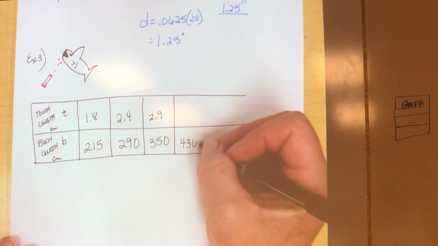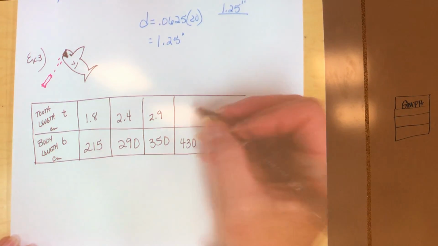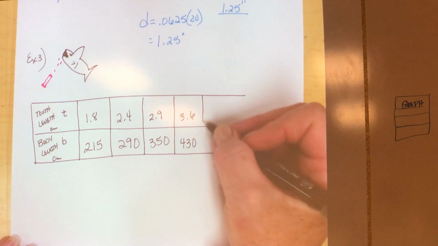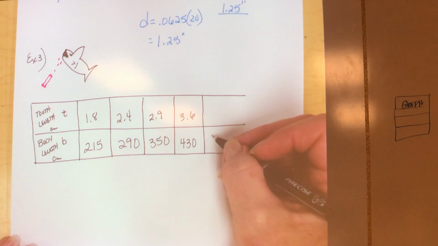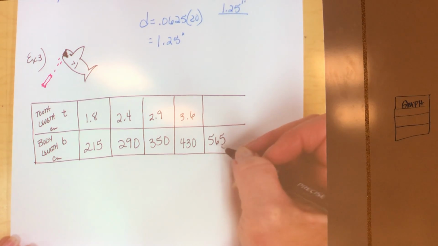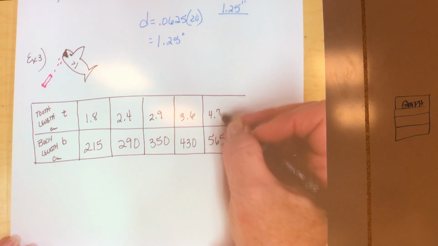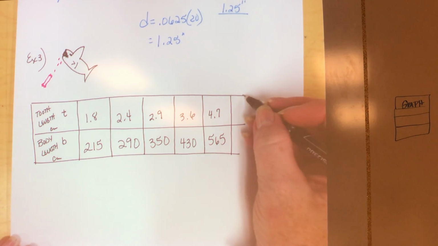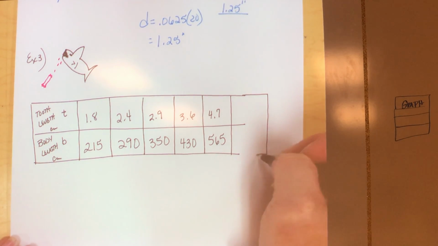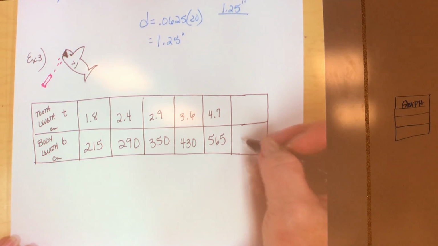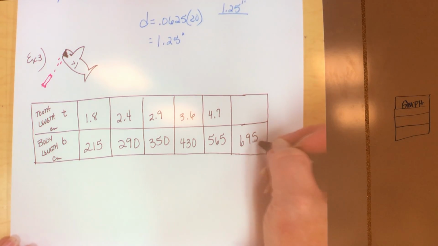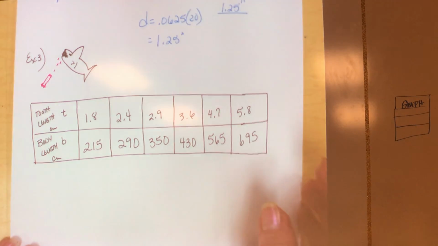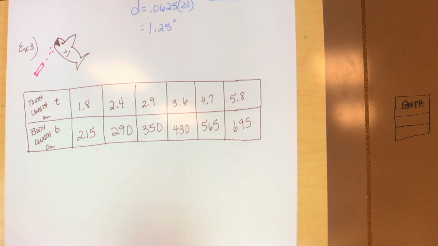The next one was 430 centimeters, his tooth was 3.6. The next one was 565 centimeters, and he was 4.7. And then the guy next to us caught one that was 695 centimeters, and he was 5.8.